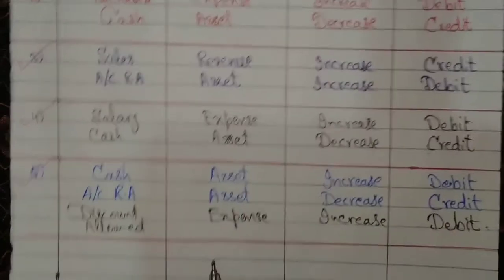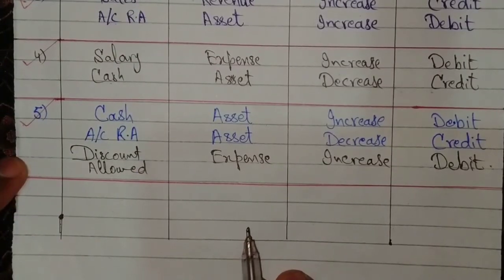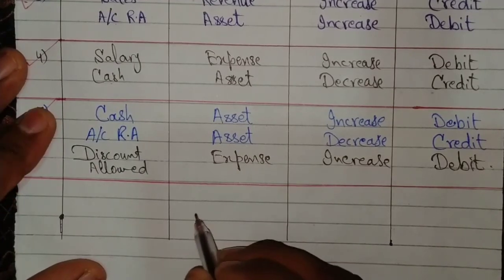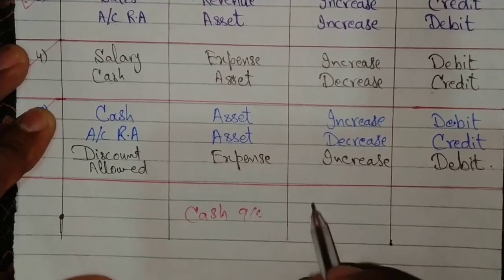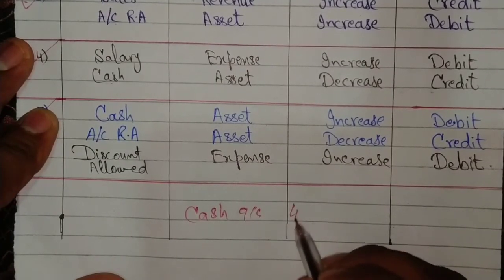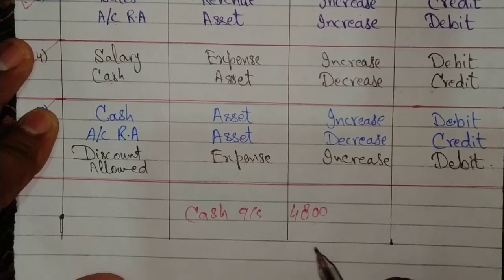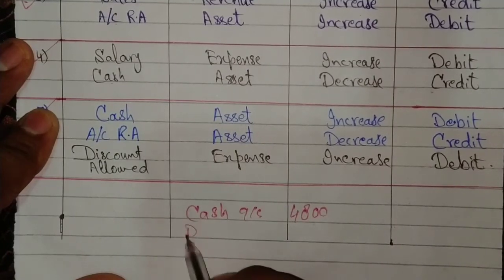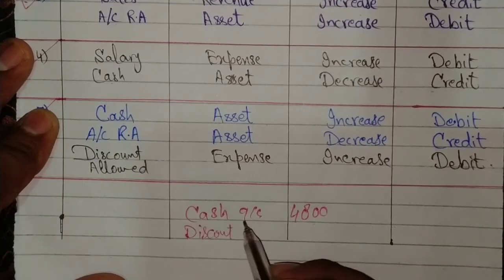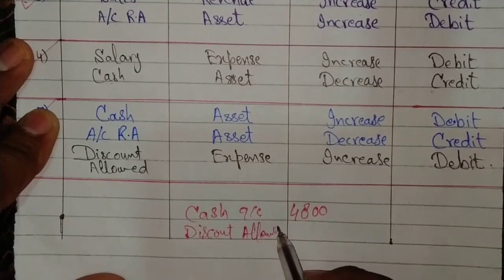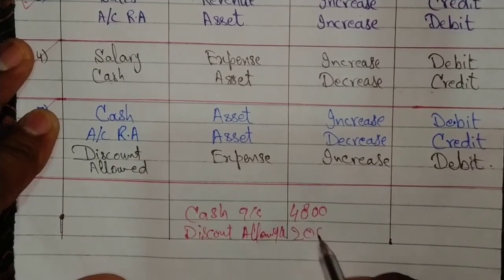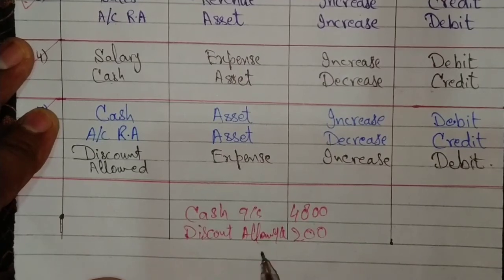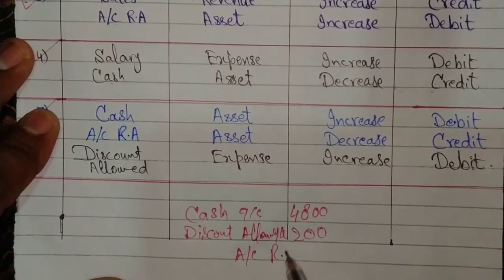The journal entry of this transaction is cash received $4,800 whether discount allowed given by the business to Sam $200. The actual account receivable was $5,000.